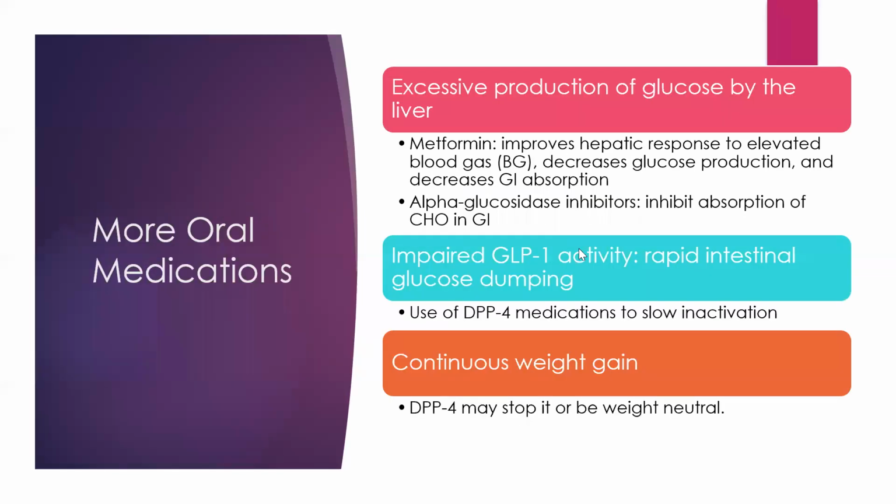Excessive production of glucose by the liver: metformin can help improve that liver response to elevated blood sugars. If we have impaired GLP-1 activity, then we can use those DPP-4 medications to slow inactivation. And then remember, all of those medications can help with weight loss. So if we do have a patient that continues to put on weight, a DPP-4 may stop it, or at least will keep their weight neutral, where metformin can actually help them lose weight.